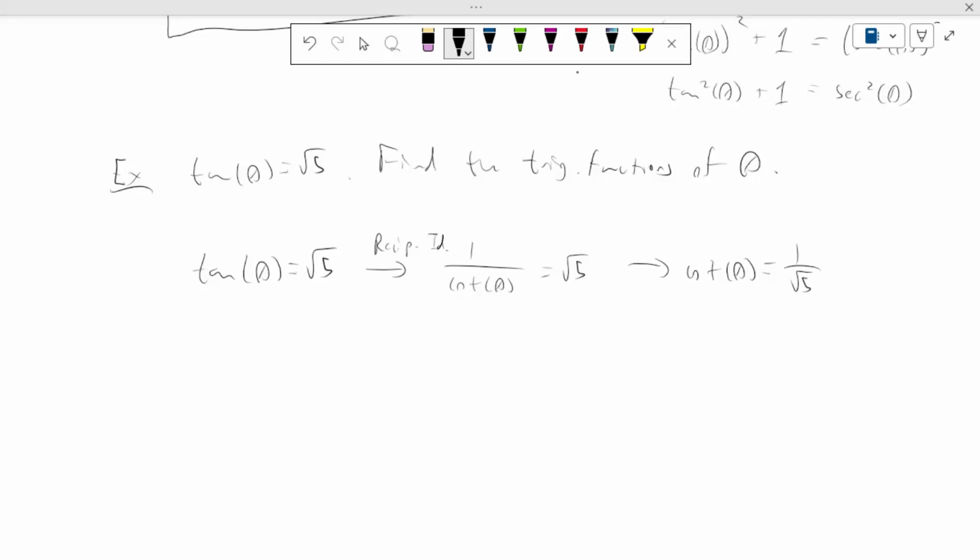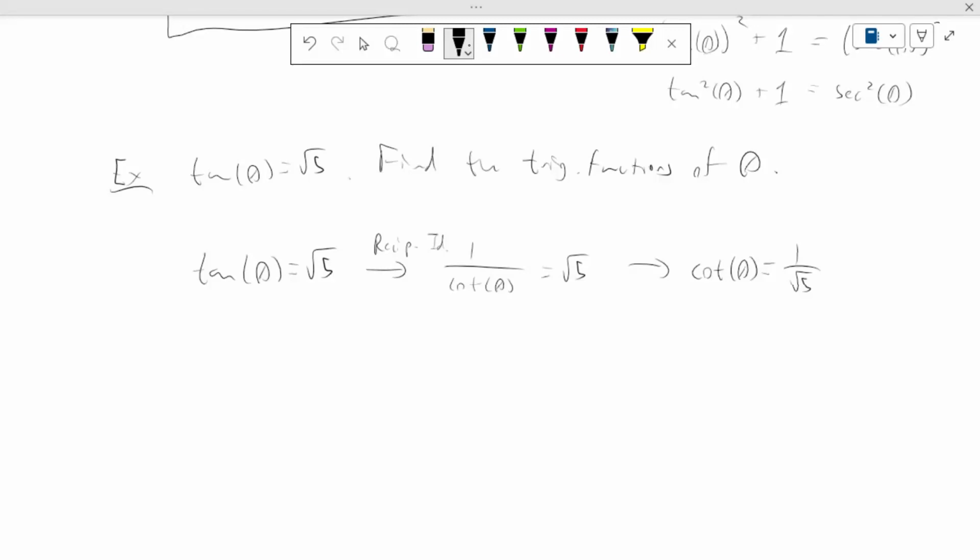Let me write that a little bit neater here. Maybe. This thing's pretty slow to respond here. This says cotangent of theta. Okay. And on the right-hand side, we have 1 over the square root of 5. Right? That's fine. Yeah, that's perfectly fine.